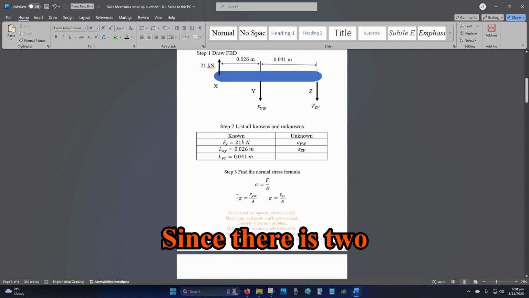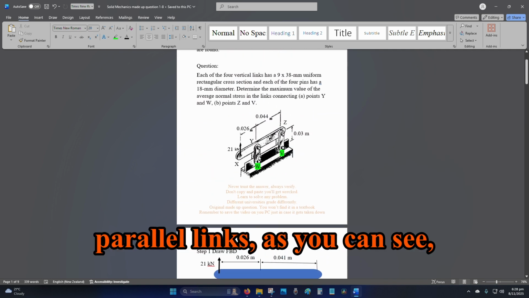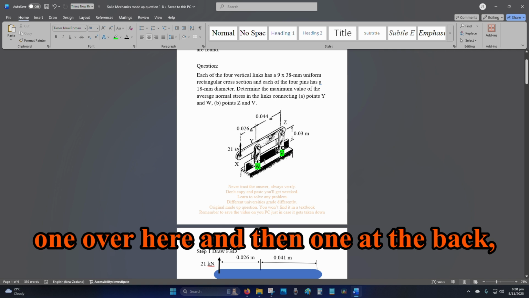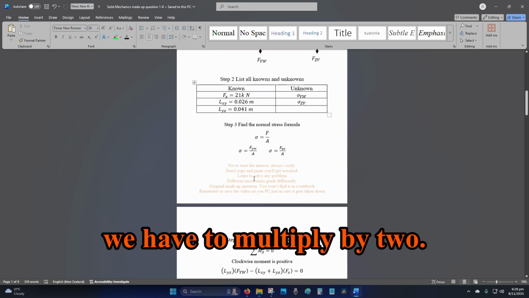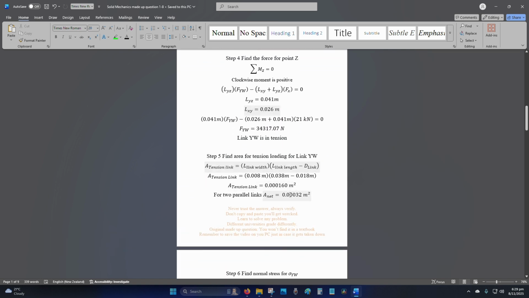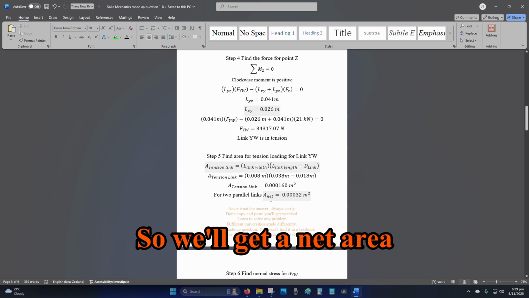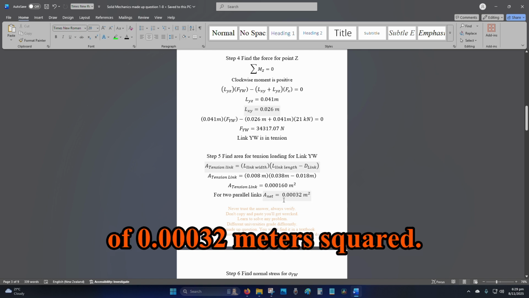Since there are 2 parallel links, one over here and one at the back, we have to multiply by 2. So we'll get a net area of 0.00032 meters squared.